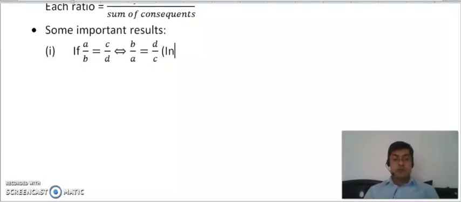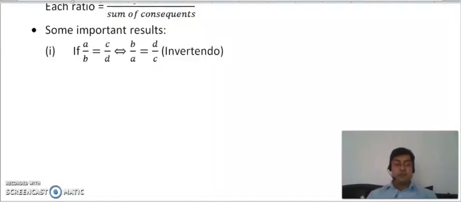If ratio A upon B is equal to C upon D, then B upon A will be equal to D upon C, which is obvious.